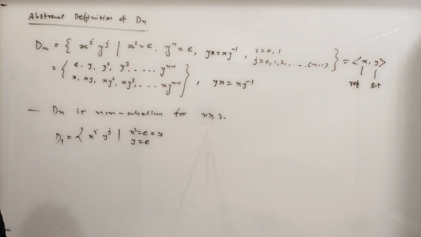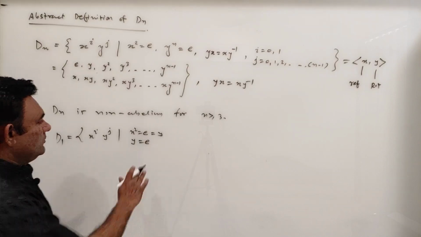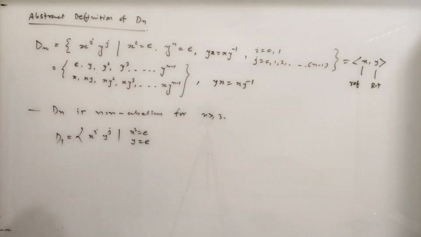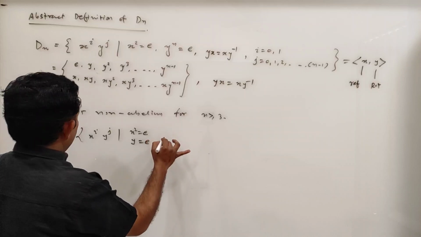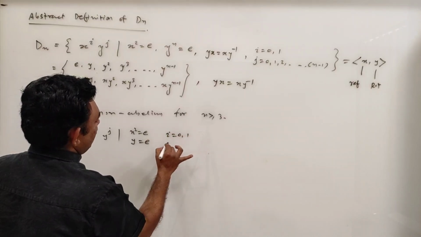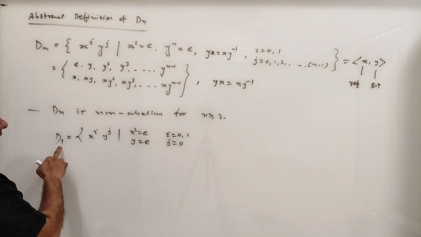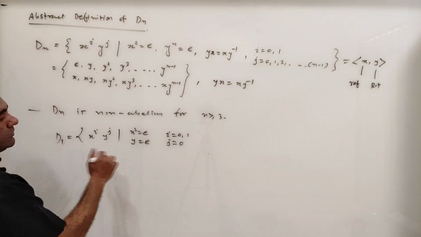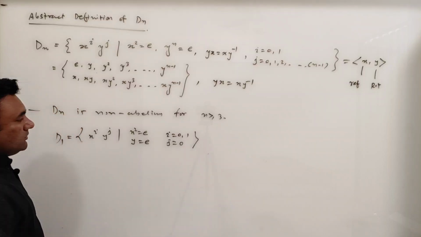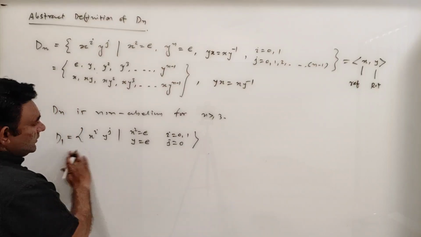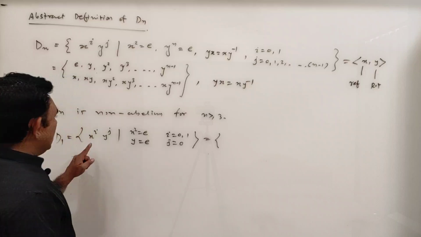सो d1 वैसे जो है, देखिए ऑर्डर ऑफ d1 शुड बी व्हाट? 2 into 1, दैट इज 2. And here I have to consider i equal to 0, 1 and j is equal to 0 up to n minus 1, that is 1 minus 1, that is 0. So I have this thing. So if I try to list elements, then it is what?